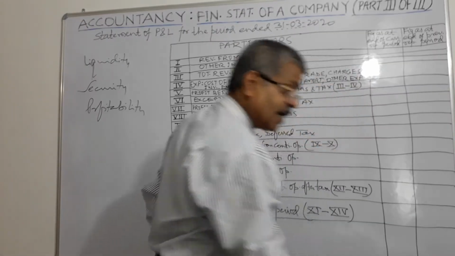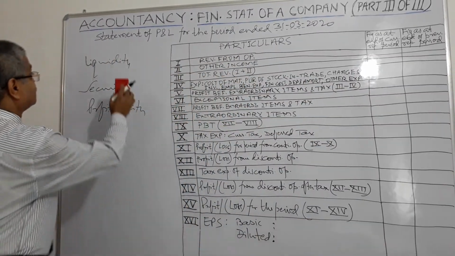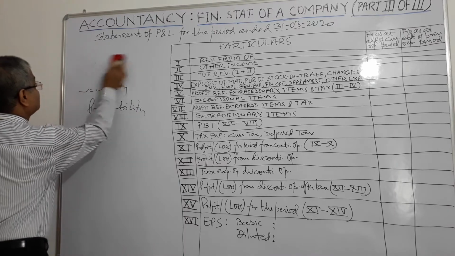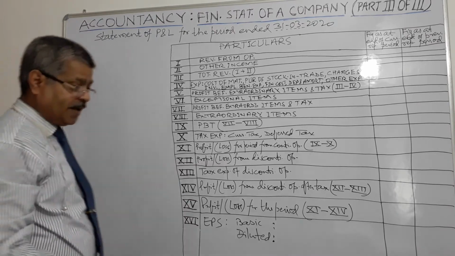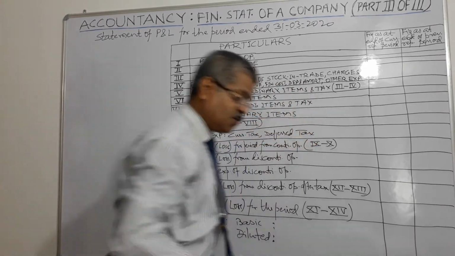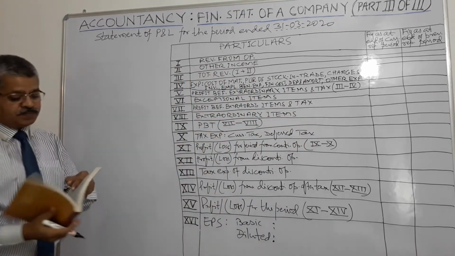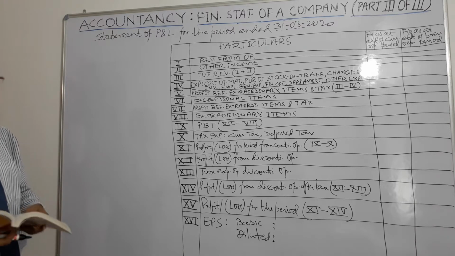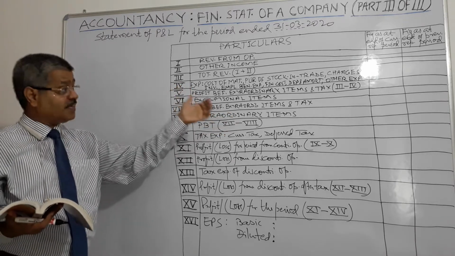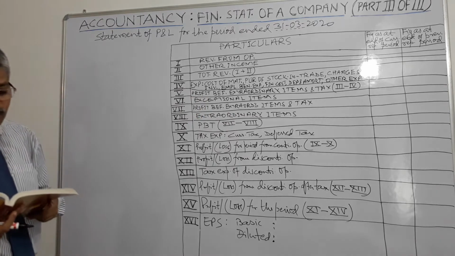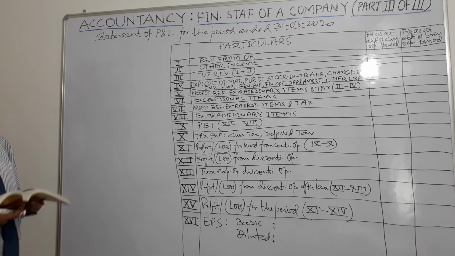On similar lines, a lender will think whether the lender is able to find this company liquid, secure and profitable. So basis for granting of credit, they take decisions on the basis of the financial statements. Fourth is basis for prospective investors.